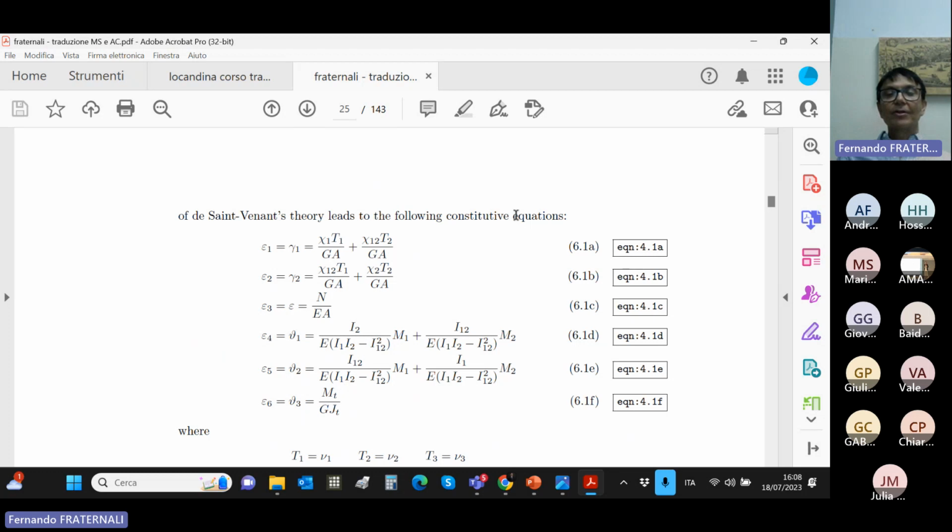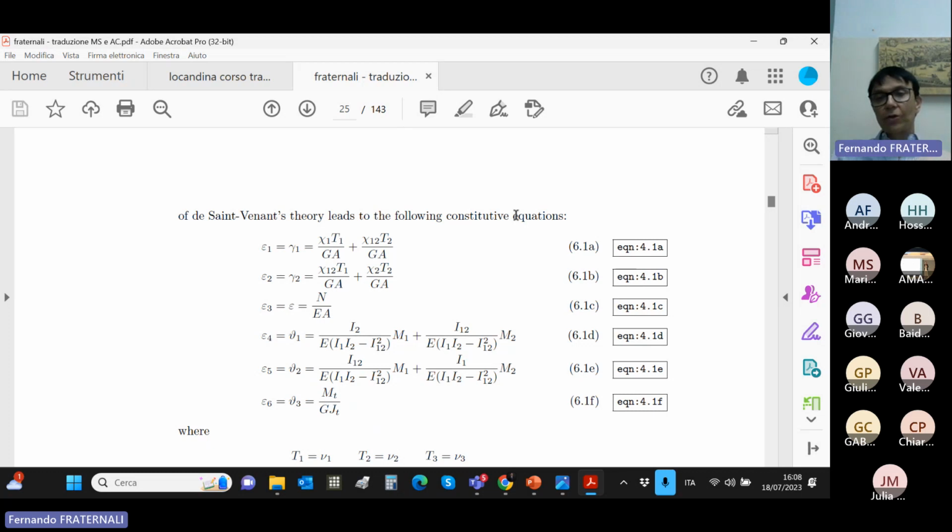You see some coupling terms here due to the fact that we are writing these constitutive equations with respect to axes that are not necessarily coincident with the principal axis of inertia of the cross section. So the couplings that you see here are just due to the fact that we are not assuming that x1, x2, x3 are the principal axis of inertia of the cross section.